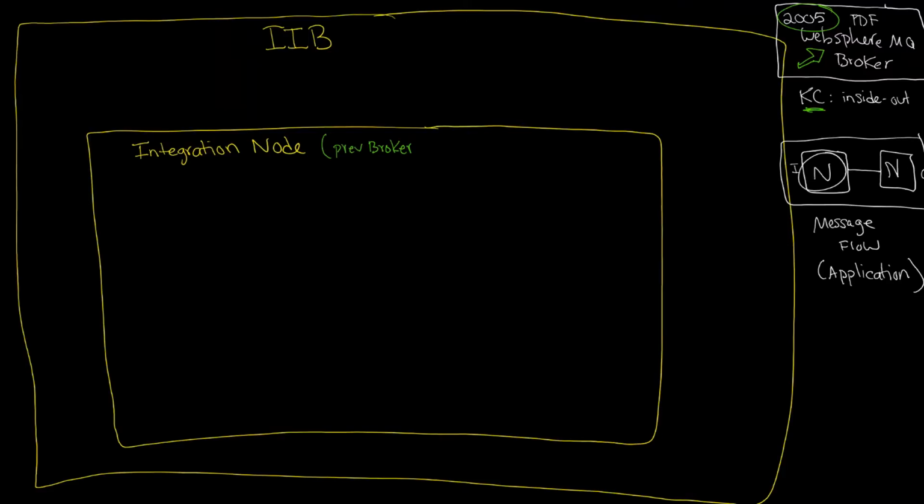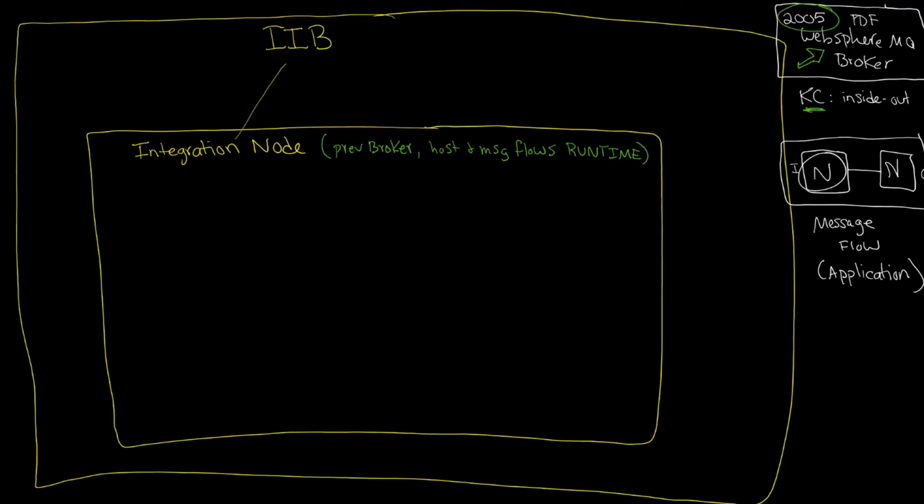If it's hosting and running message flows, that should sound very familiar to what we looked at in the last video. This should ring a bell: it is our runtime.